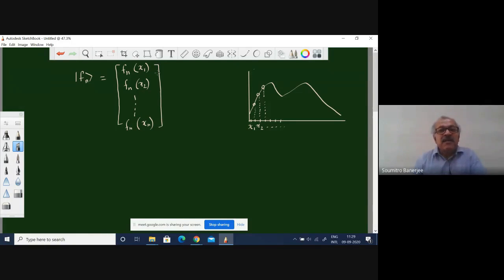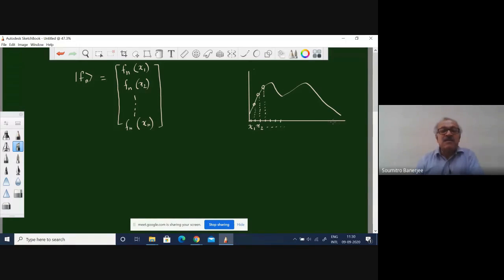So this is a simple way of writing out the function. Now it is a column vector, right? And therefore we are able to write a continuous function as a column vector by discretizing the x coordinate.